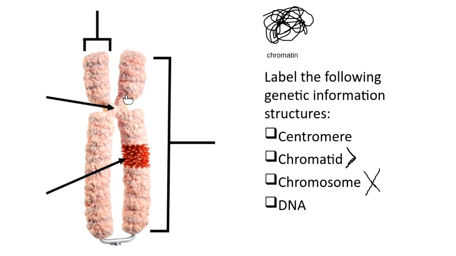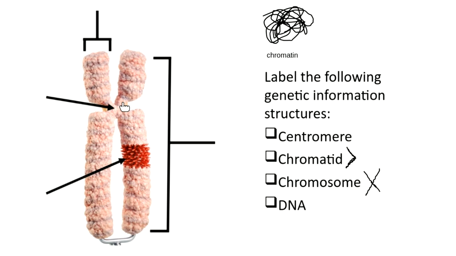My centromere here in the middle. And the centromere is going to be important because when we do the process of mitosis, where we divide up the genetic information, we actually break this structure here so that I can split the 2 chromatids in half. So 2 chromatids attached at a centromere.